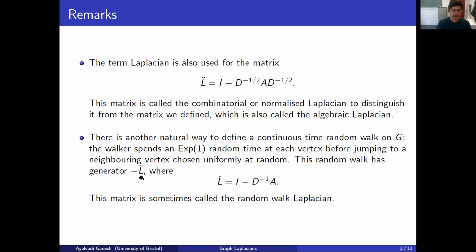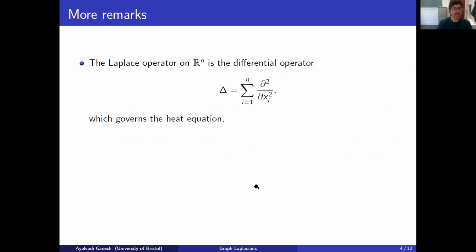This random walk has generator the identity minus D inverse A, and this matrix is sometimes called the random walk Laplacian. This is just to warn you that there are some other closely related matrices which are also called Laplacians, but the one we'll use is D minus A.